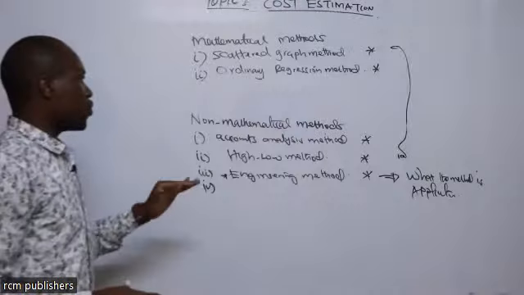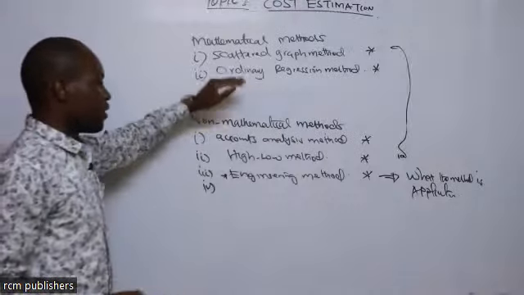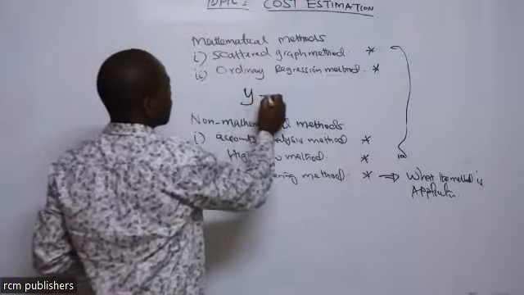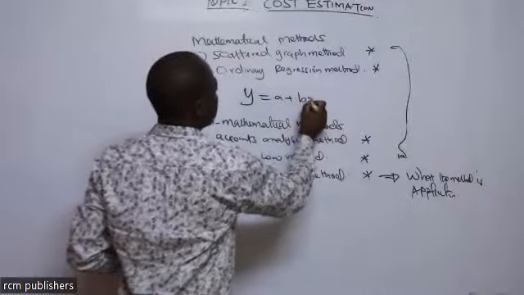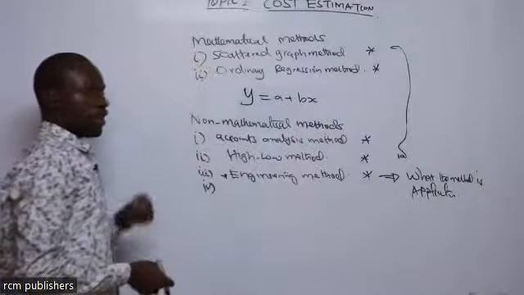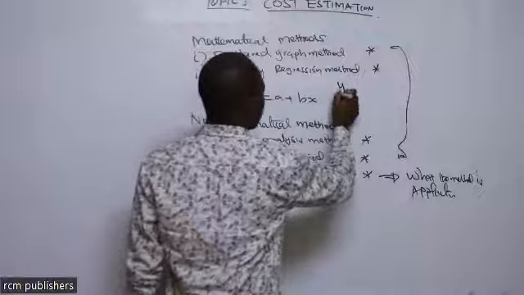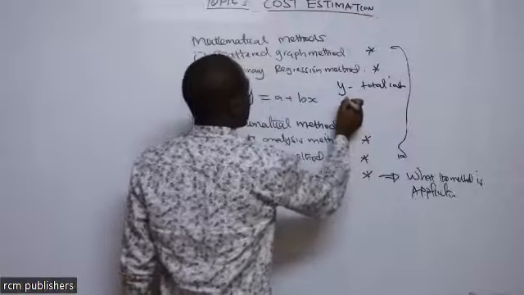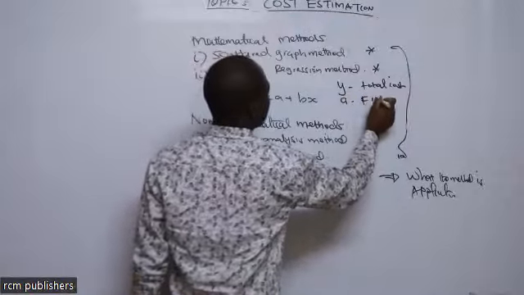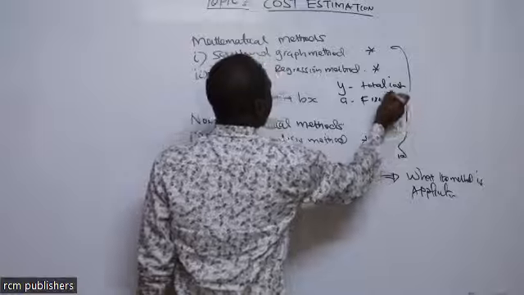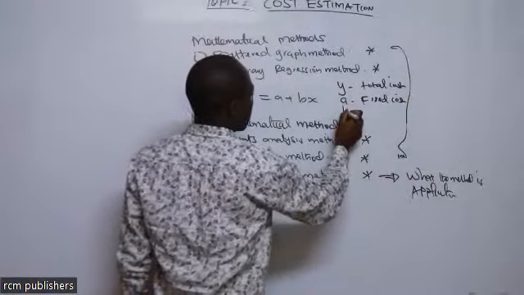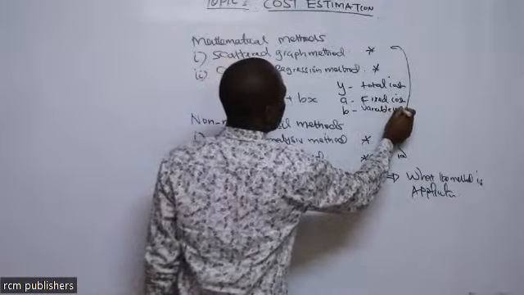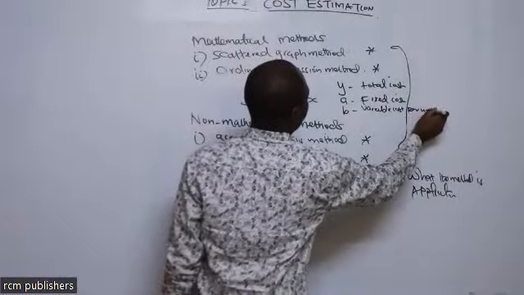Once you know that, because all these other methods must take you to y is equal to a plus bx, which the other day we said that y is the total cost, a is the fixed cost, and b is the variable cost per unit.